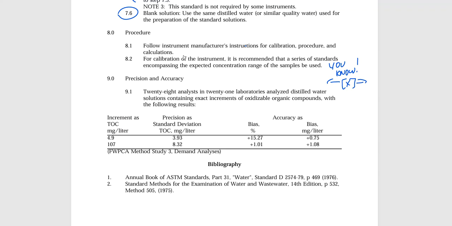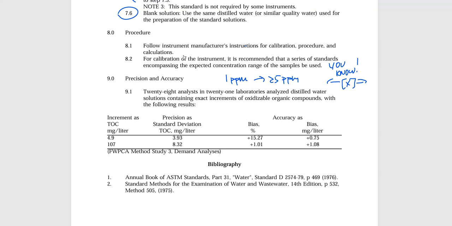So you want to make sure that the calibration standards include those typical values. In other words, let's say I make a standard calibration curve that goes from 1 part per million to 25 parts per million. It looks wonderful. It looks great. My regression line is perfect because I am so good.